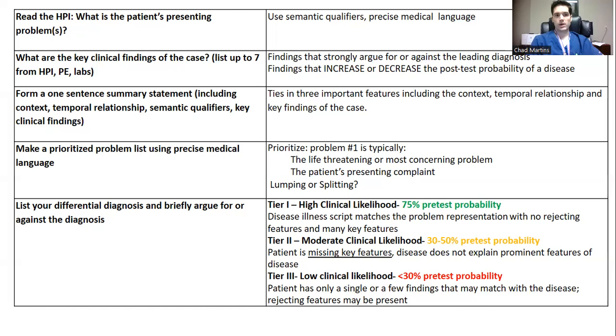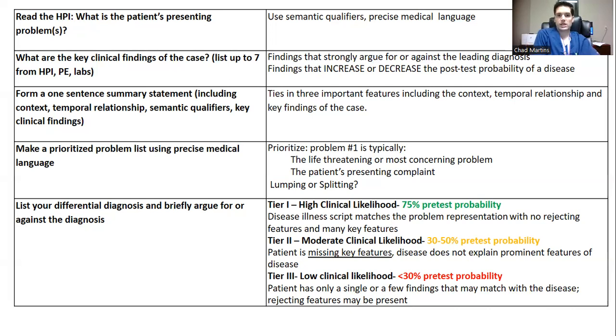And then the way that they should be ranking their differential diagnoses is in these 3 tiers. The first one being that is a high clinical likelihood, the one that's kind of the most likely to match the illness script without any sort of rejecting features.